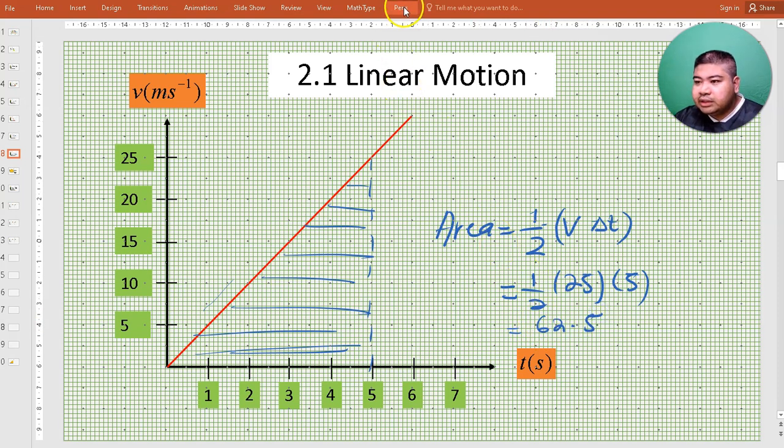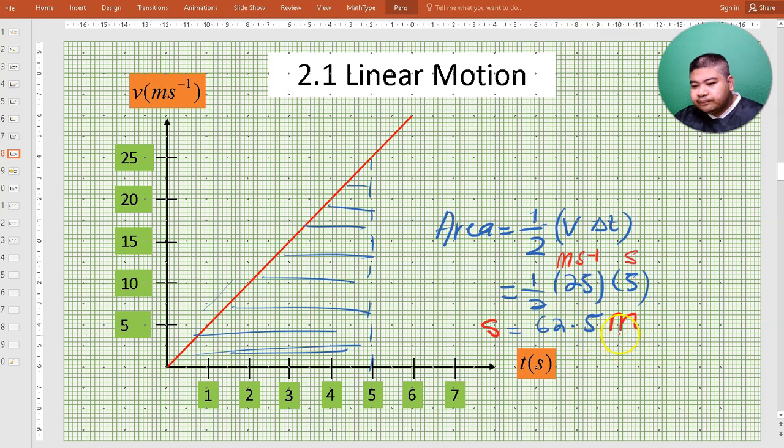The unit for velocity is meter per second and the unit for time is seconds, so the seconds cancel out. So the unit for the area, or the displacement during the interval from 0 to 5 seconds, is 62.5 meter.